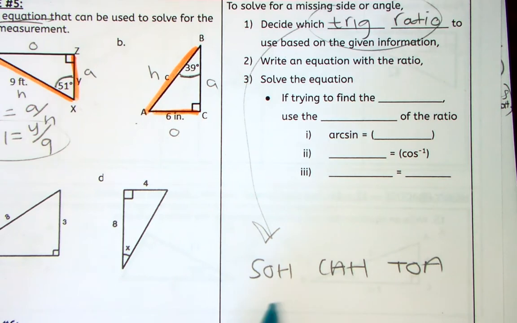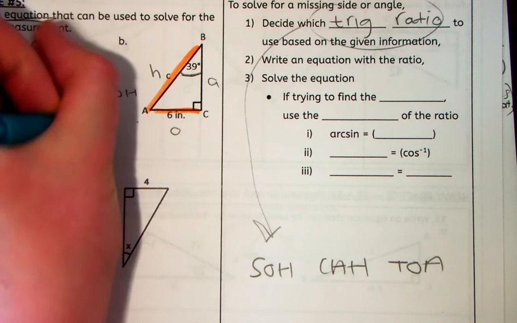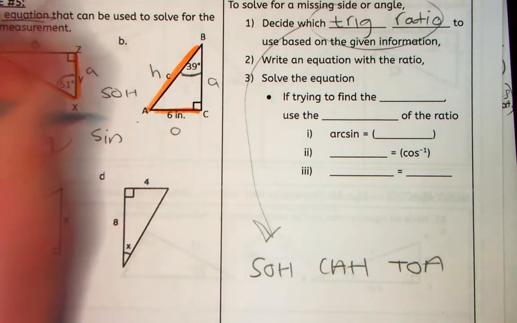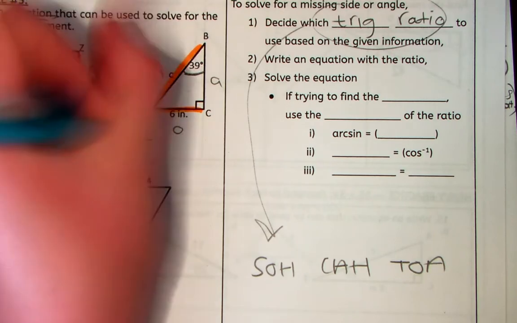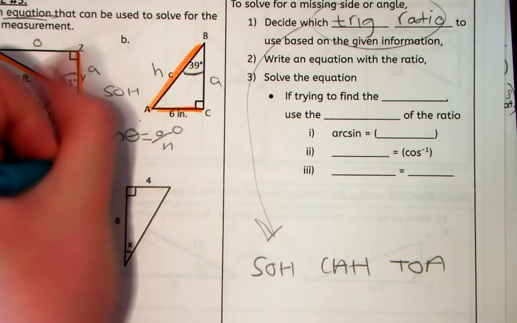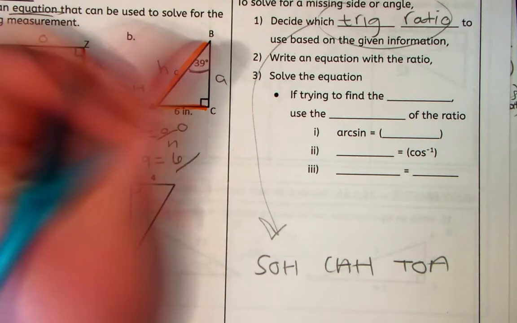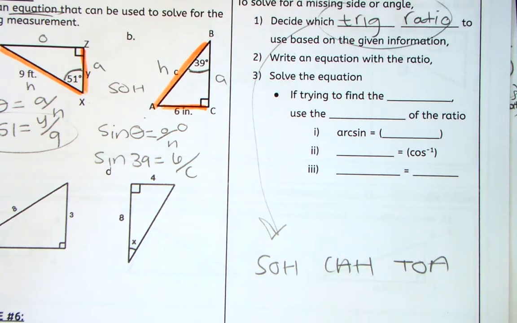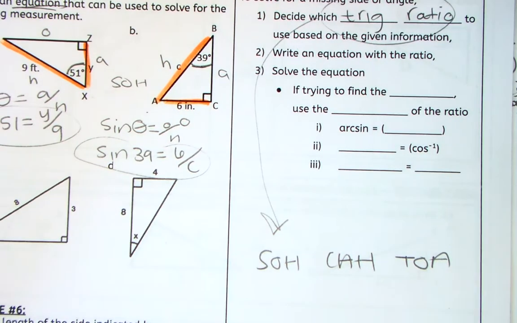Sine does. So sine of theta is equal to what? Opposite over hypotenuse. So now let's just plug it in. Sine of 39 is equal to opposite, which is 6. Hypotenuse is our C value. Okay?